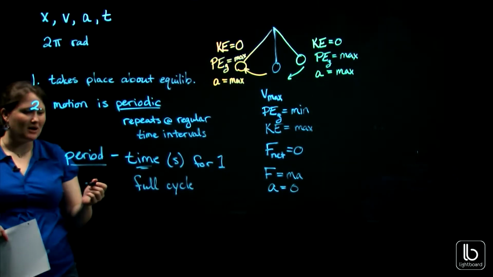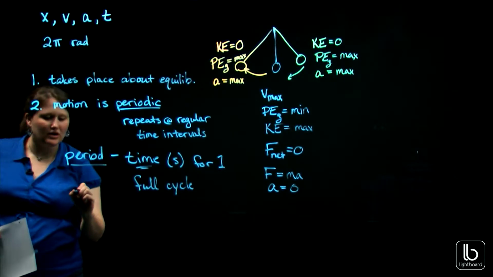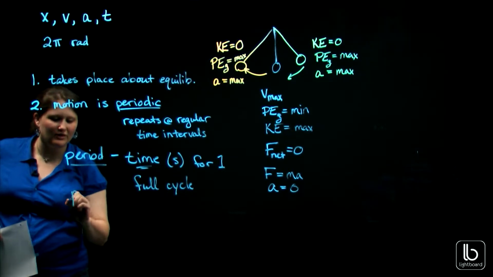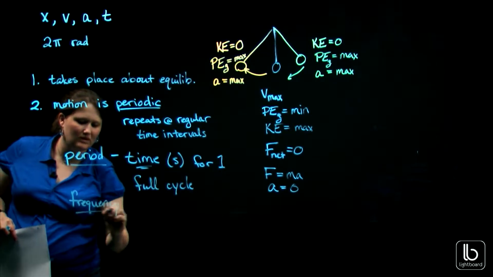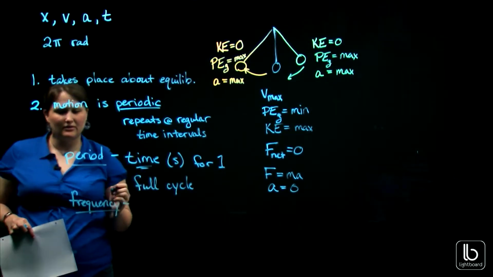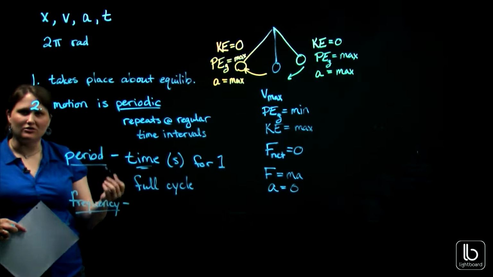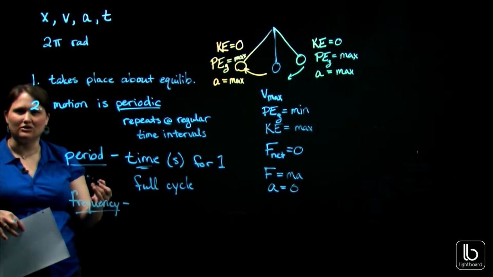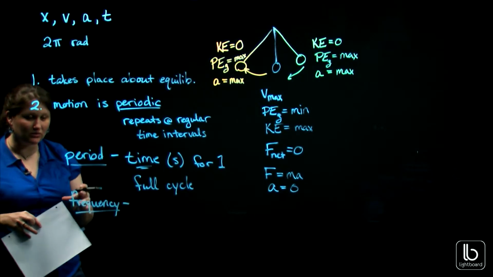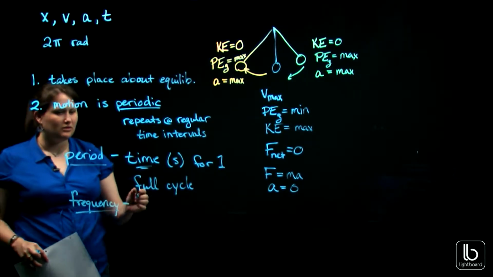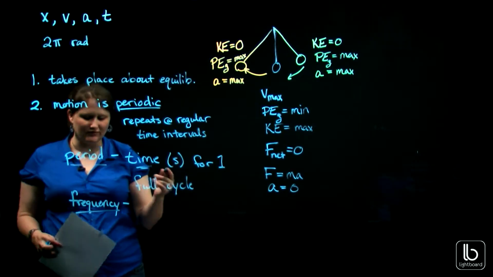And while we're talking about period, we can also talk about the word frequency. So the beauty is, if you know period, you know frequency. If you know frequency, you know period. But it's important to distinguish the difference between the two. So period is the time it takes for one full cycle.